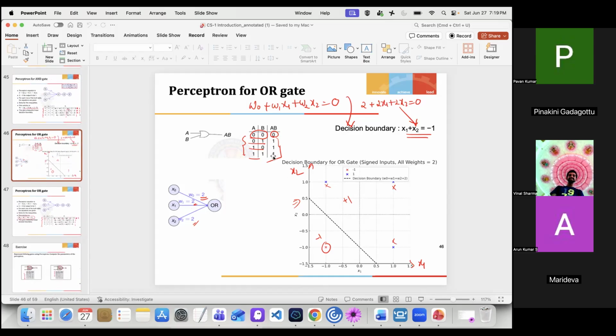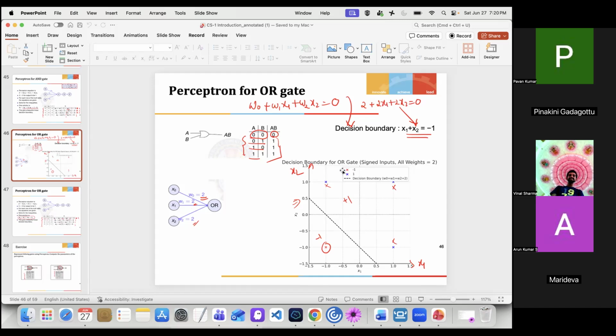So, we can solve this problem of simple linear problems with one perceptron. If you see here, when the inputs are 0 or -1, the output is marked as -1 with red color.